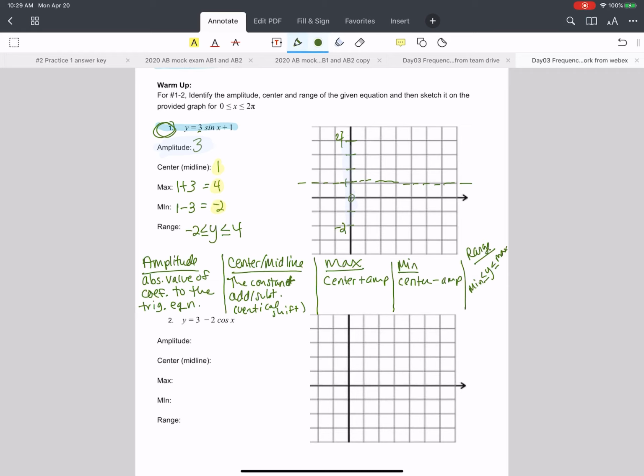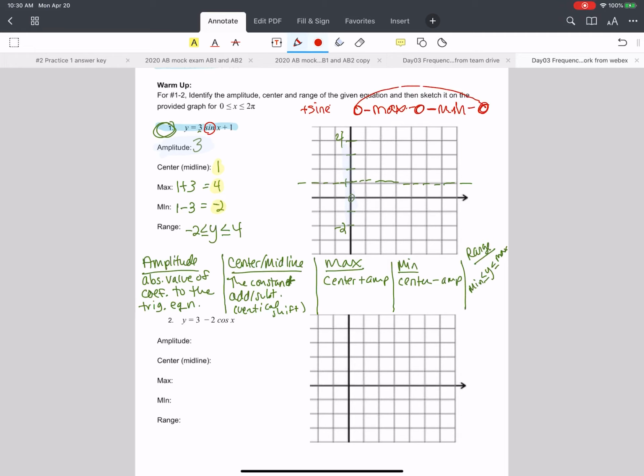Okay, now how do I graph this? Well, when I graph it, I'm going to use a different color. I know that this is a sine graph, and it's positive in front of the amp. So it's a positive sine graph. When it's a positive sine graph, I know it's going to start with O, because it always starts with O, and then it's going to go to max, and then it's going to go to O, then it's going to go to min, and then it has to end in O. Remember, it starts and finishes the same.